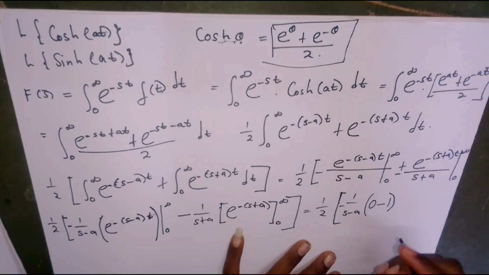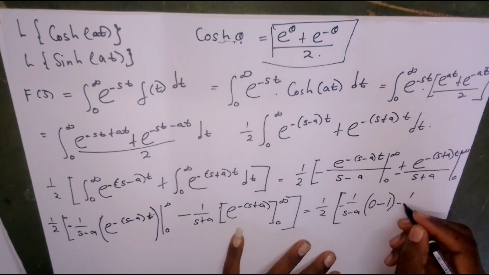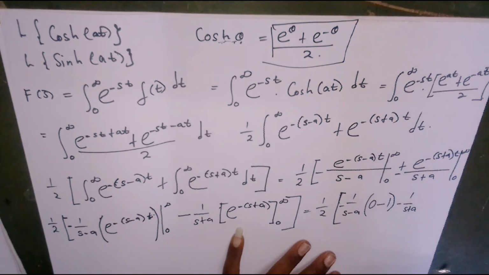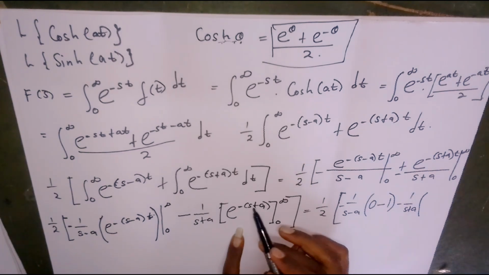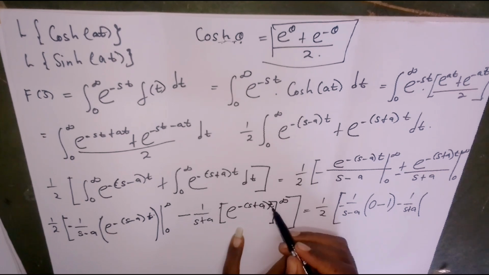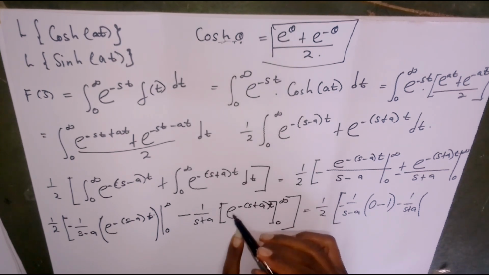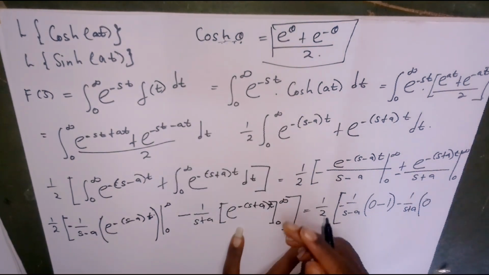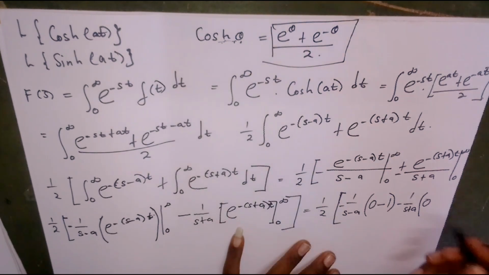So we're going to be left with 1 here, minus 1 over s plus a, and then if we substitute infinity on t, again we are left with 0, and if we substitute 0 here, we're going to be left with 1.